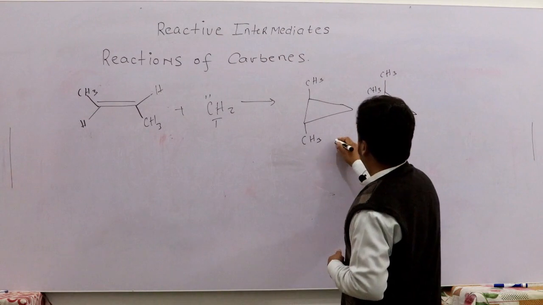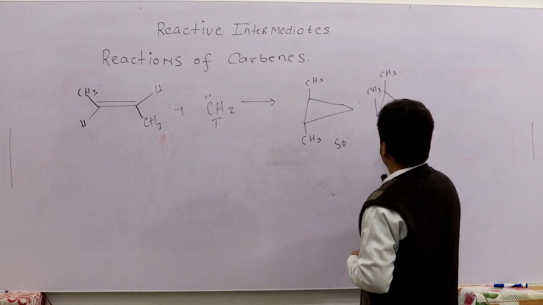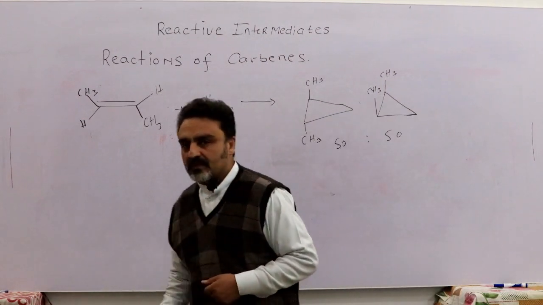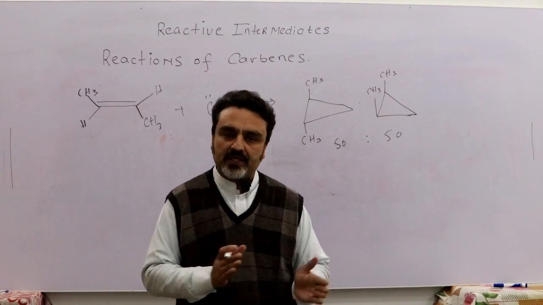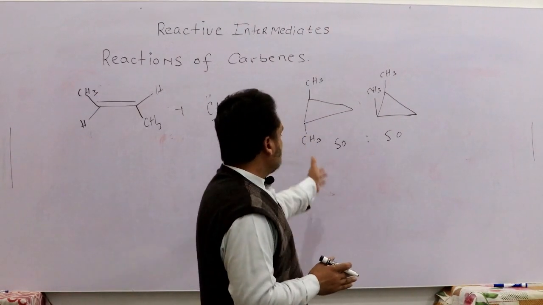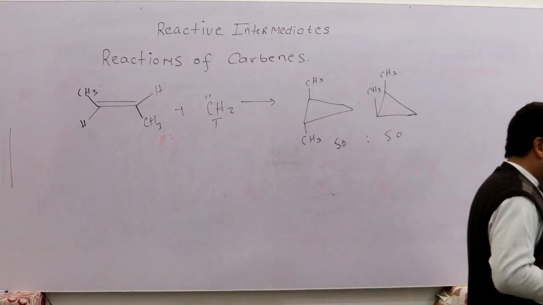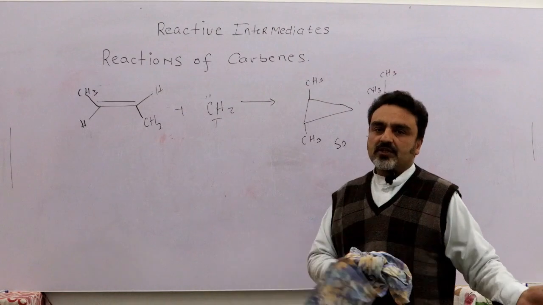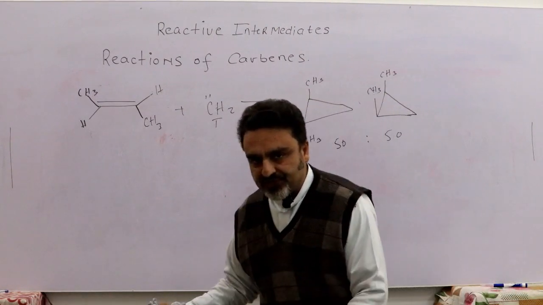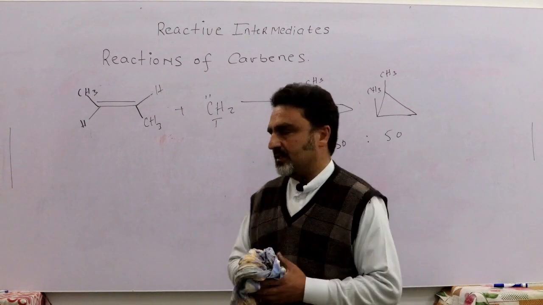Almost in 50-50 ratios. So this is how the triplet carbene reacts with the alkenes, and it's called a non-concerted reaction or a biradical reaction.